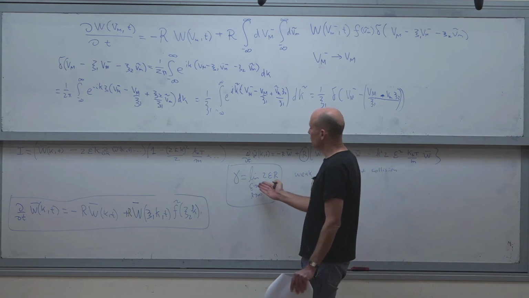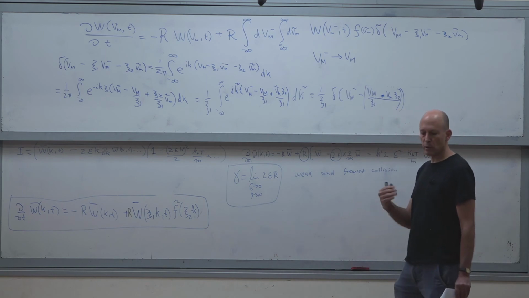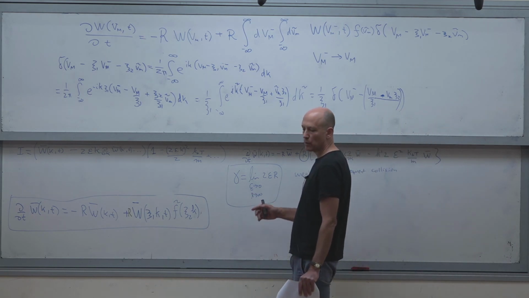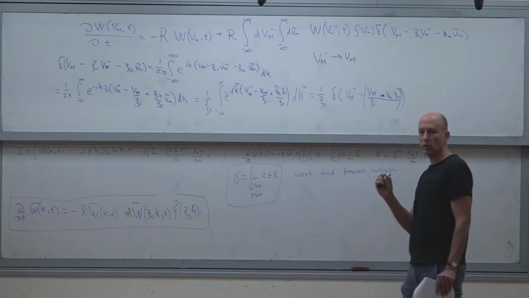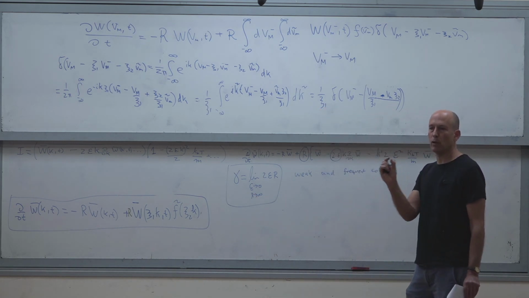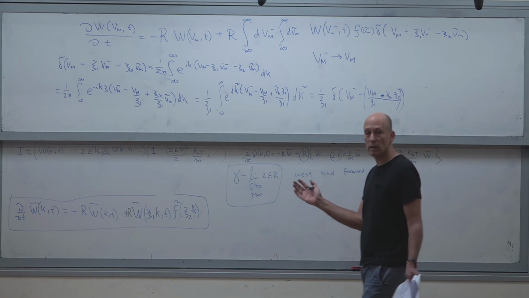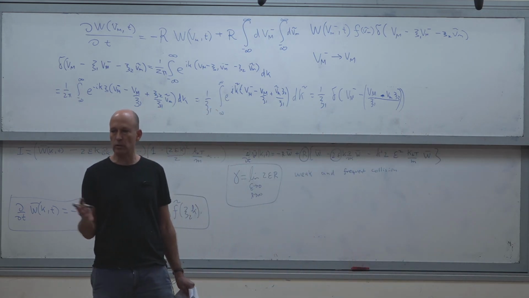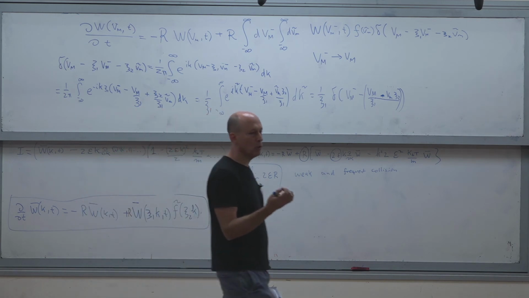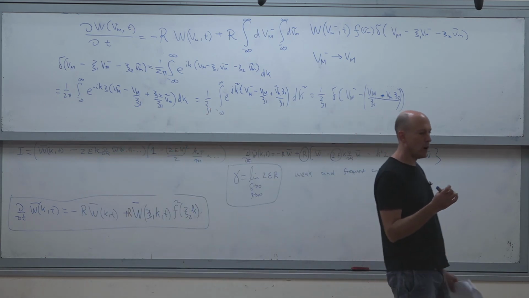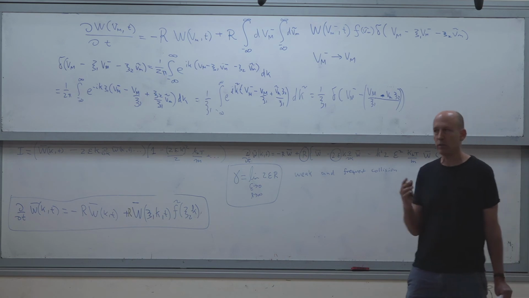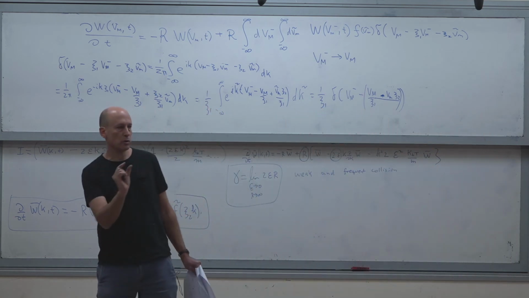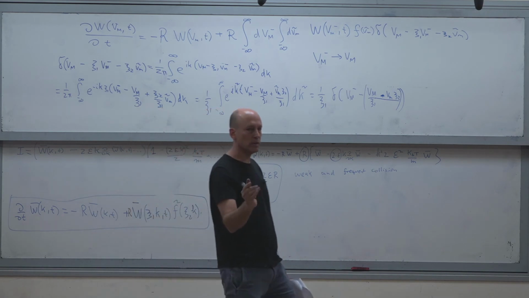You don't really need this limit. What I mean here, epsilon is small, but I look at time scales such that t times r is already big. If I look at time scales which are very, very short, before the first collision, well, let's say the time between collisions is 10 to the minus 15 seconds in the real system. If I look at what happens to our particle in times which are 10 to the minus 100 seconds, well, nothing, because the first collision happens after 10 to the minus 15 seconds, right?